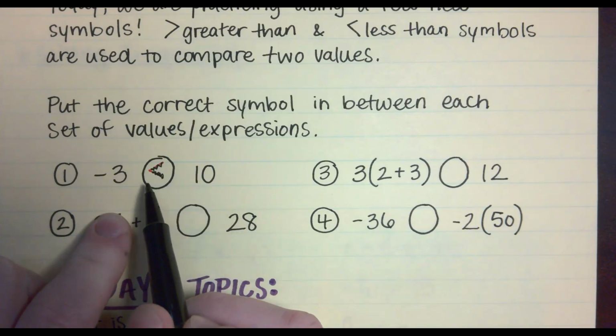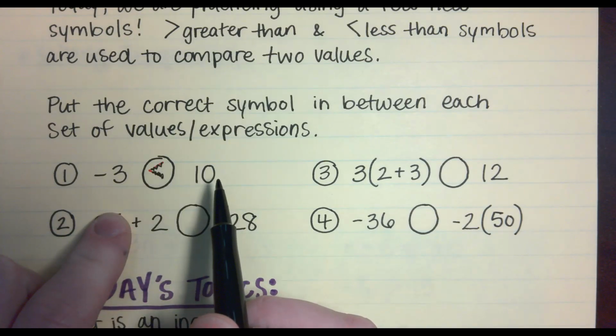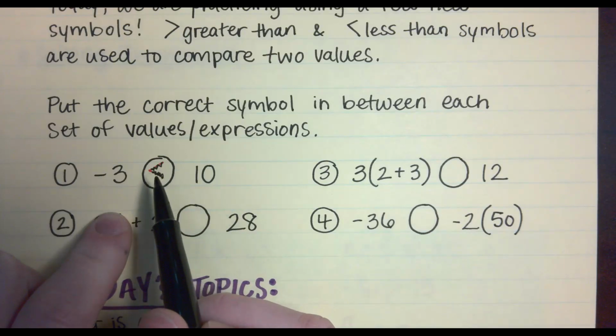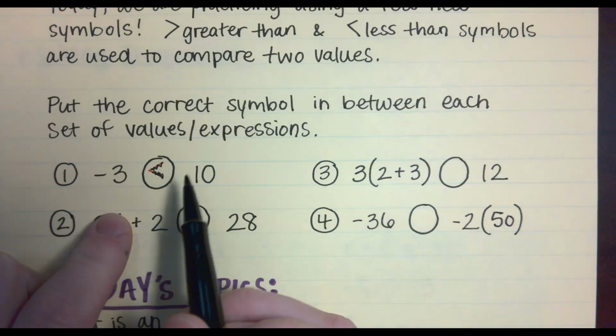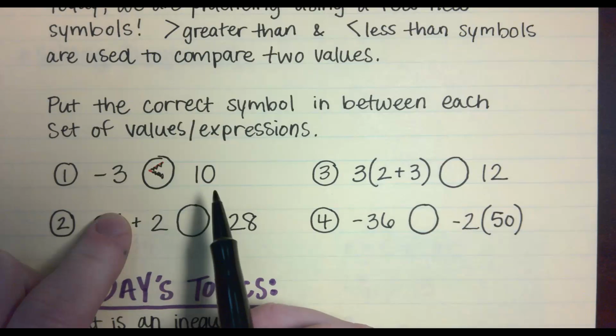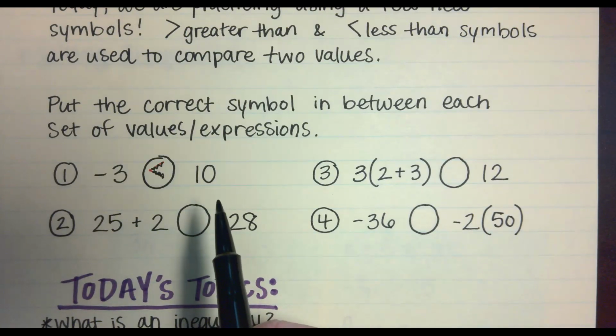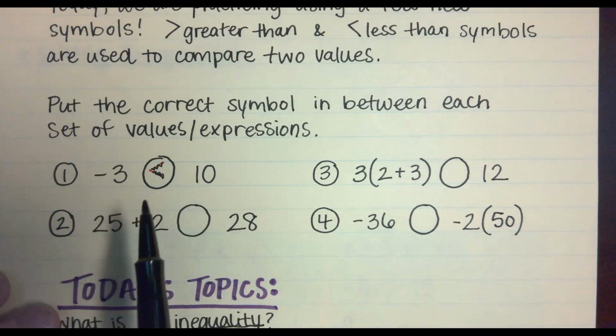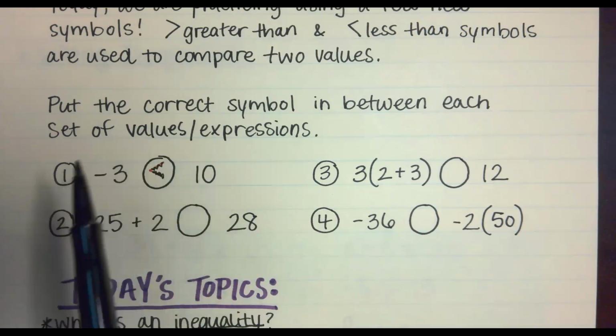So that's why his mouth is going to face the big number. If you're ever wondering which way to make that little arrow point, you want the open mouth to be pointing towards the big value. Open mouth is for the big value. All right, so there's number 1.